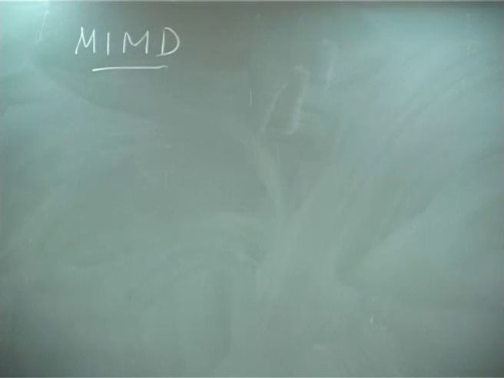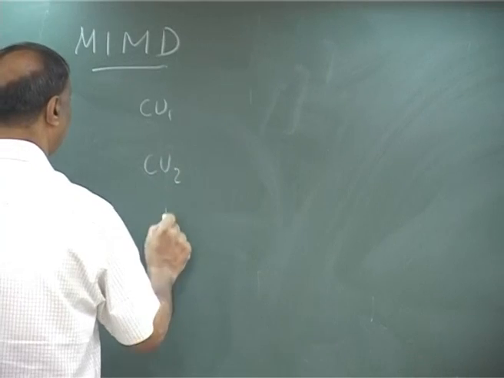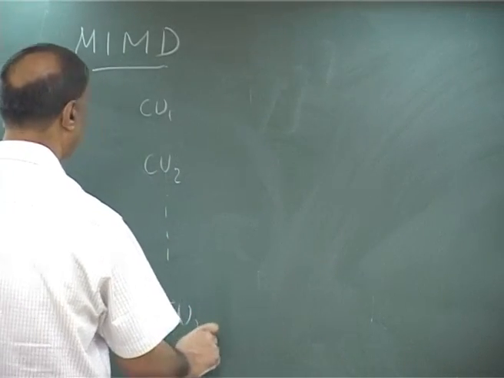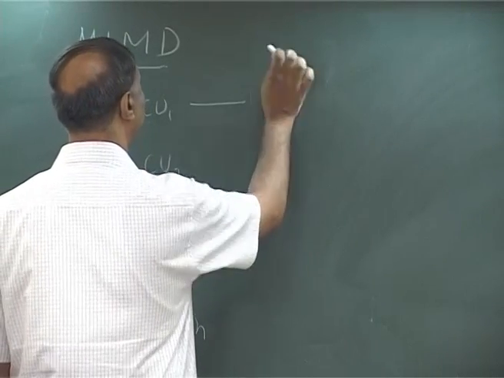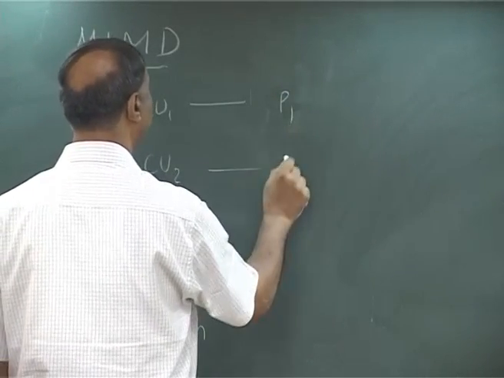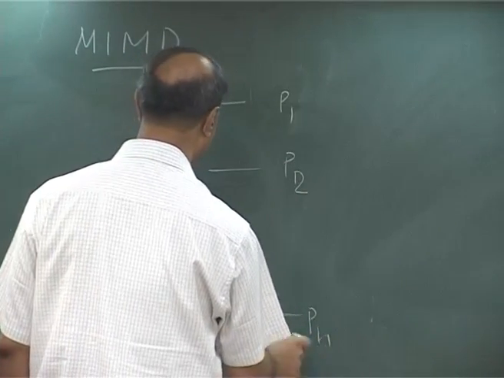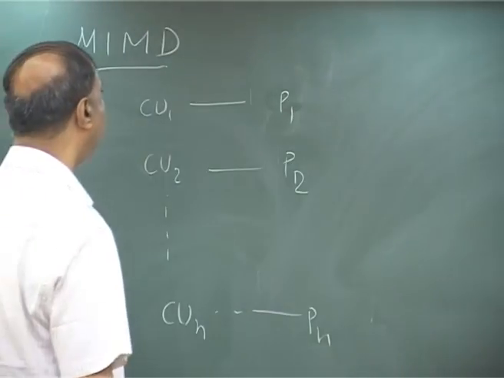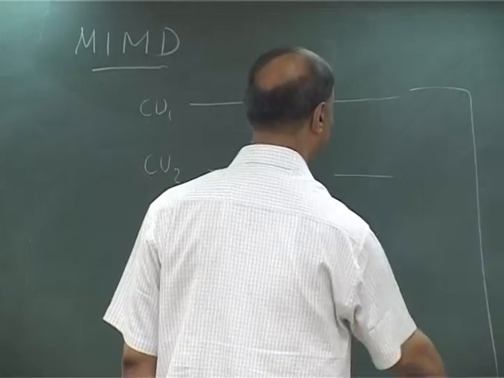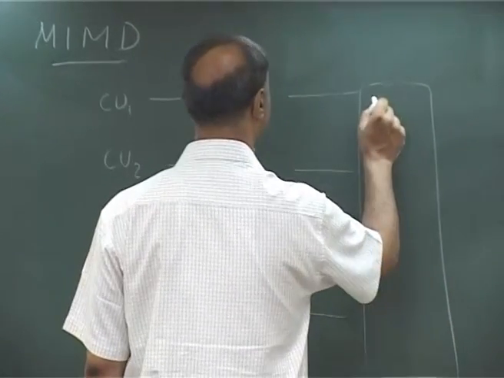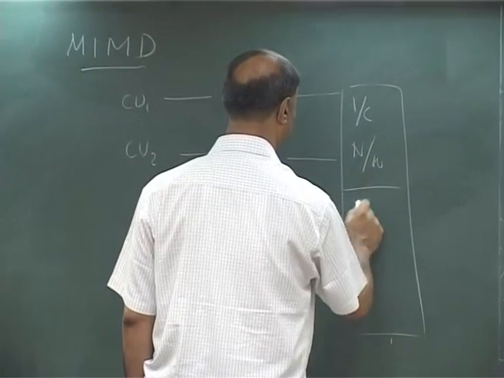Each machine has a control unit, C1, C2 up to Cn, and you have processor P1 attached to control unit 1, processor Pn attached to control unit n, and these processors are connected either through shared memory or interconnection networks.